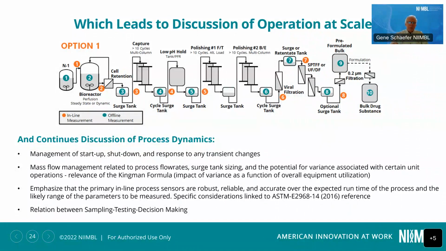Excuse me. Trying to avoid the flu here. We also emphasized that the primary inline process sensors need to be robust, reliable, accurate over the expected runtime. And we did link to a very nice ASTM reference with very specific considerations around inline process sensors, and talked about that relation between sampling, testing, and decision-making, and what does the overall time lag in there, and how much time do you actually have to make decisions.